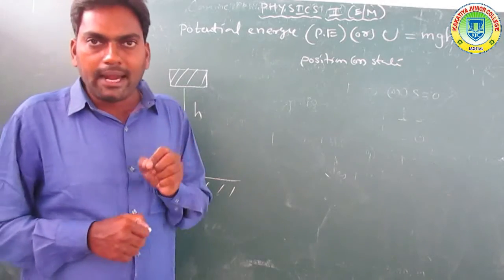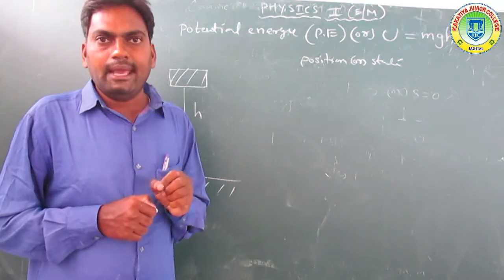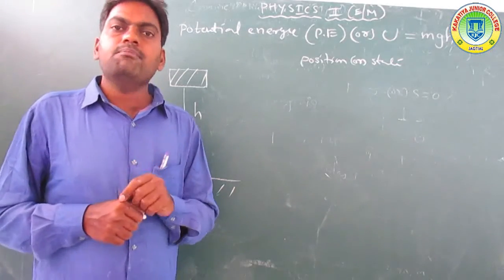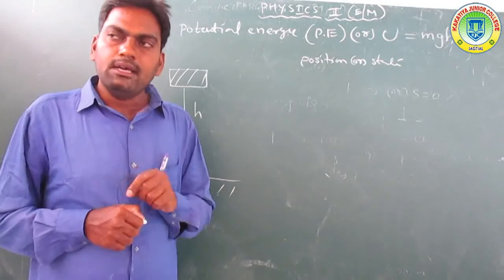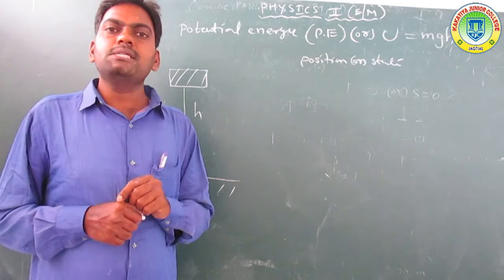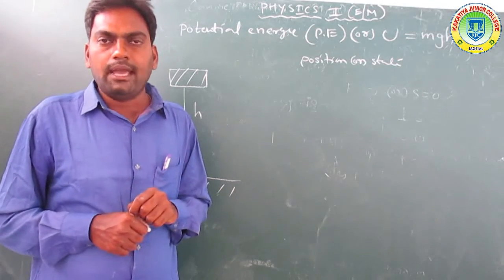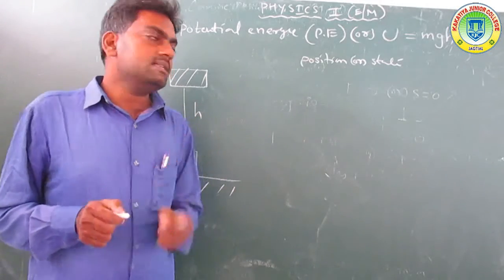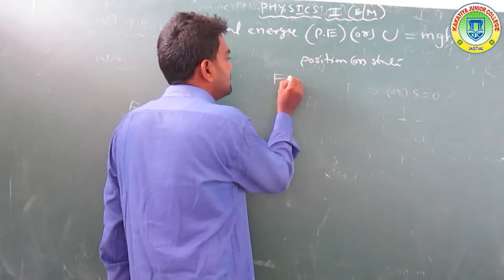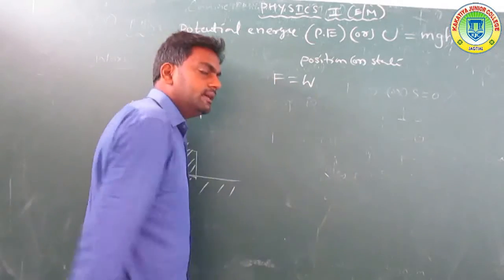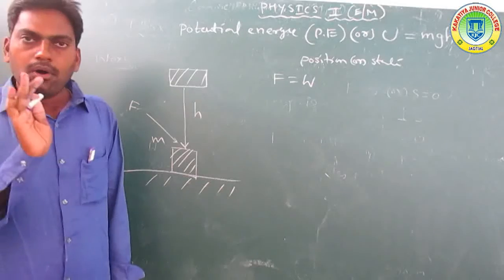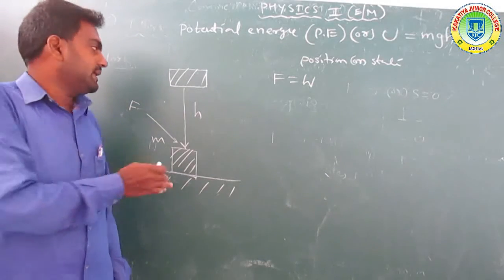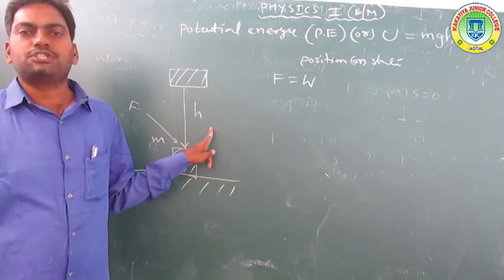The weight of the body is W equal to mg, so the force is equal to the weight of the body. In that condition, the body is lifted vertically through a height h.